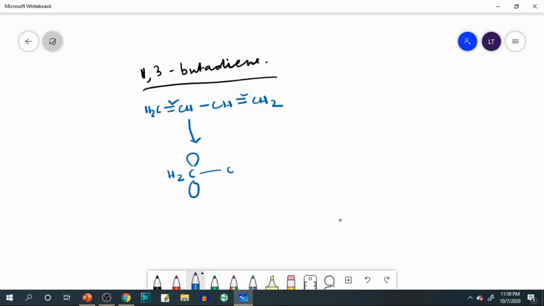Here another p orbital will be there, and here also the same case, another p orbital is there, and here again there will be an unhybridized p orbital, and this is how the different p orbitals are located on each carbon atom. Now actually these 4 electrons are completely delocalized in these 4 p orbitals.